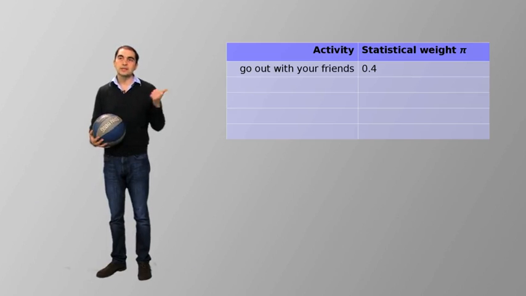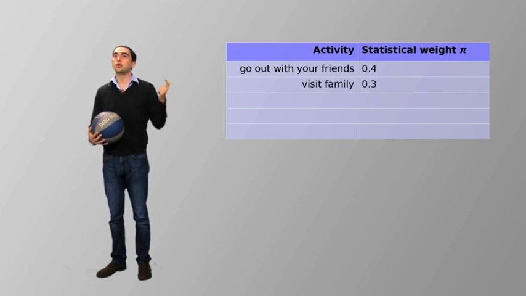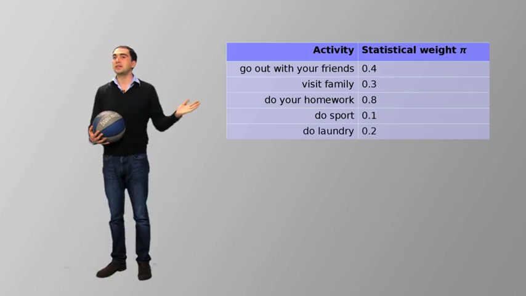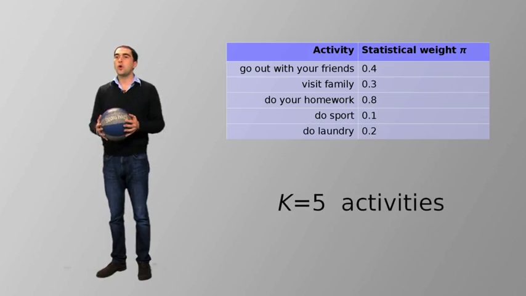Go out with friends, visit family, do your homework, sports, laundry, and so on. We know all the pi k probabilities, but we can still have troubles in deciding what to do. This means that we have trouble in sampling the probability pi 0, pi 1, pi 2, and so on.